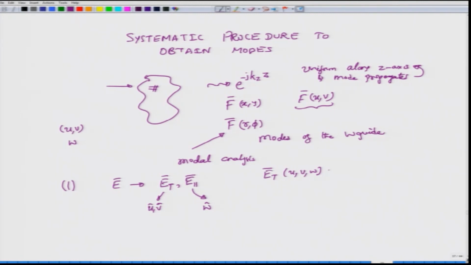Of course, this dependence on the w axis is what we have captured by writing e power minus j k w times w. So, we do allow for dependence on w, but we impose a specific dependence on w in the form of a travelling wave.